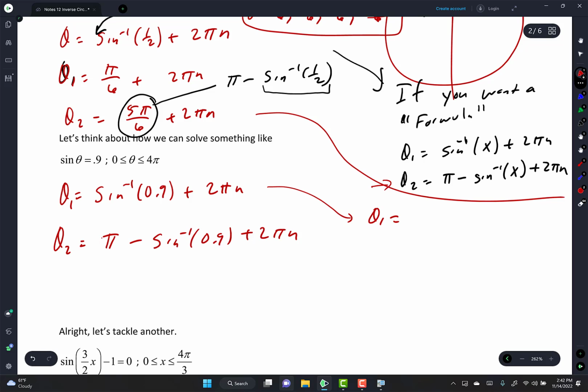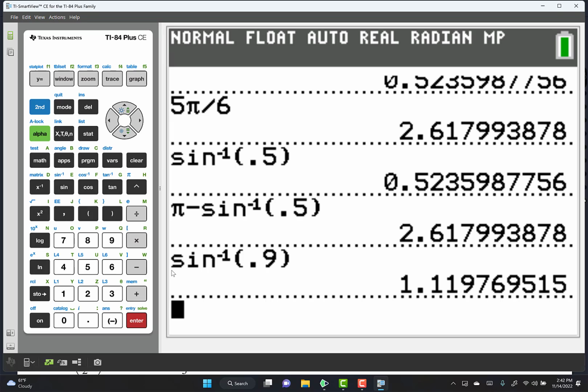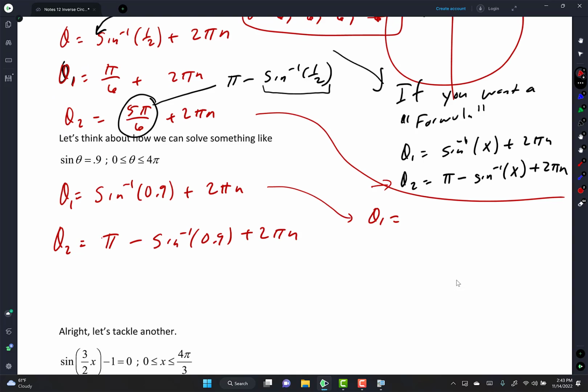So theta 1, let me take my calculator here, and I'm going to go second arc sine, 0.9, enter. 1.119769515. I'm going to put 4 digits. 1.1198 plus 2 pi n.